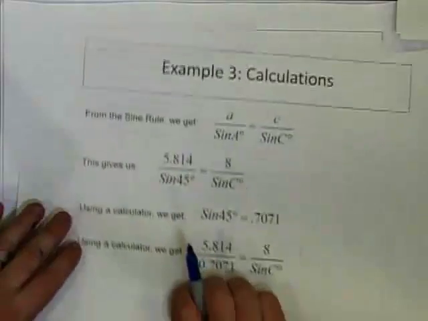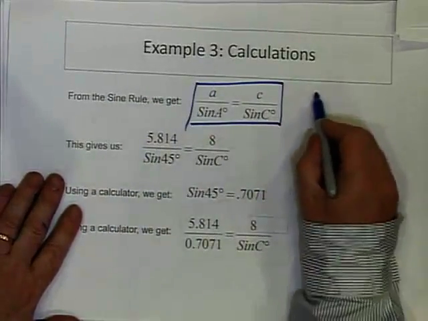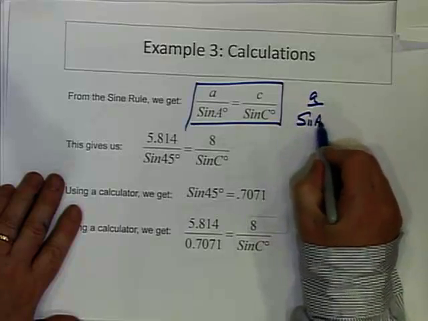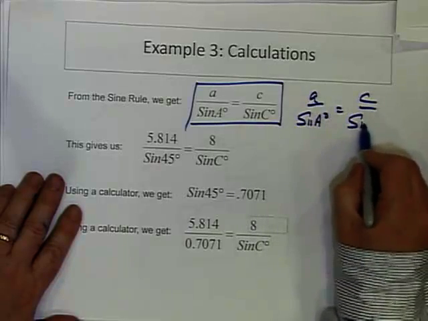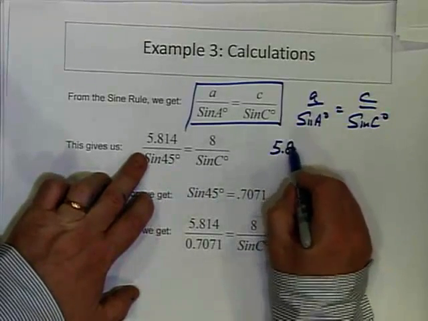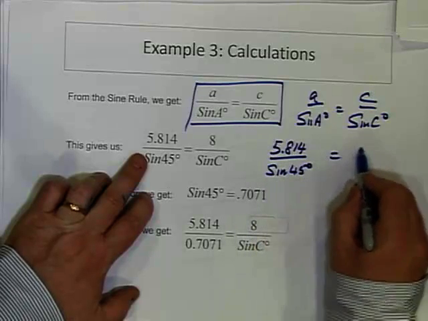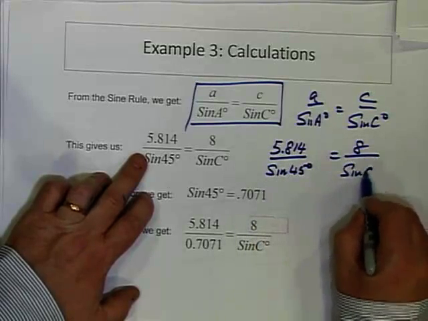But if I went for the sine rule and just took this bit, A over sine A is C over sine C, I'd get A is 5.814 over sine 45 is 8 over sine C.